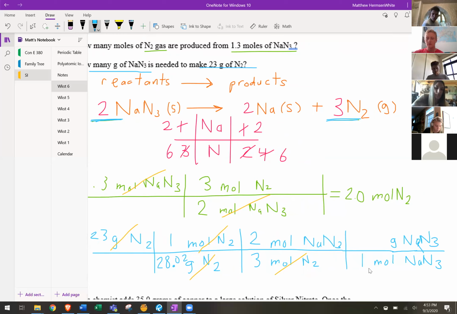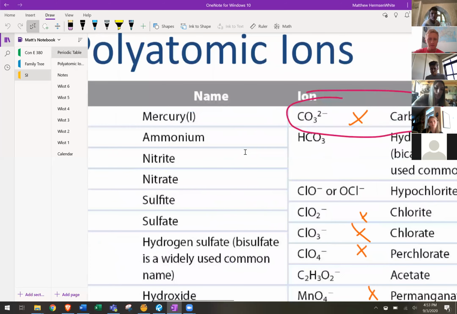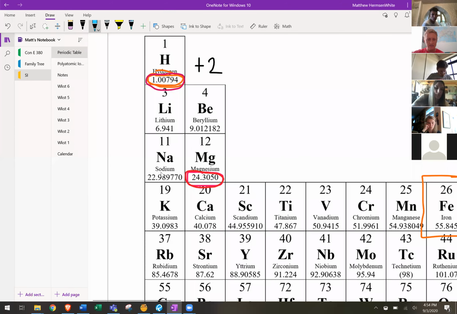So 1 mole is how many grams? Well, let's look on the periodic table. Okay, sodium is on the left. This has 22.99. So we go 22.99 for sodium, plus for nitrogen it was 14.01.